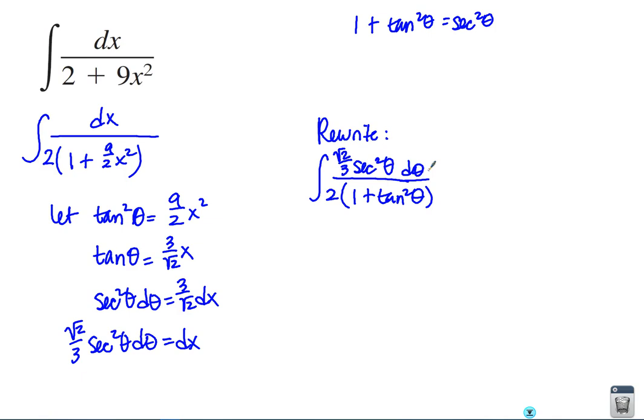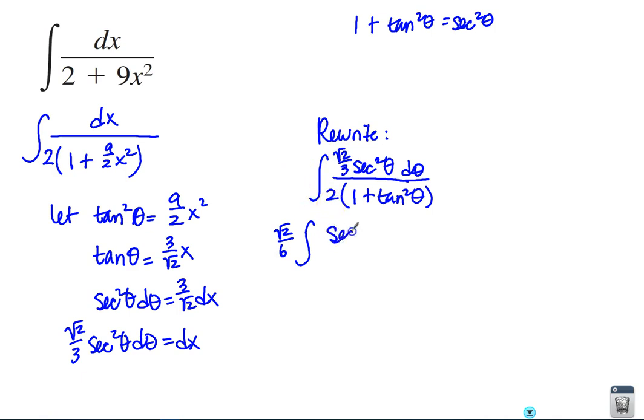Okay, again, it actually looks a bit more complicated at first than what we were going for, but I promise it'll clean itself up. So I'm going to have actually like root 2 over 3 over 2. This whole thing is one big constant. I'm going to move that out front and make that root 2 over 6. Okay, because root 2 over 3, and then times 1/2, just root 2 over 6.